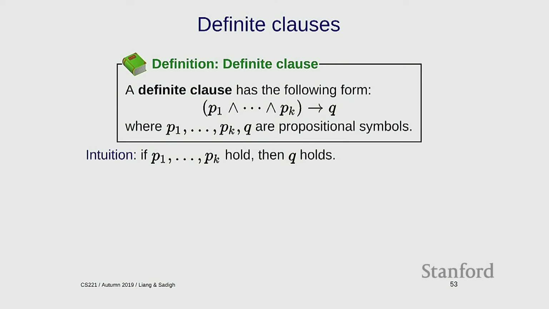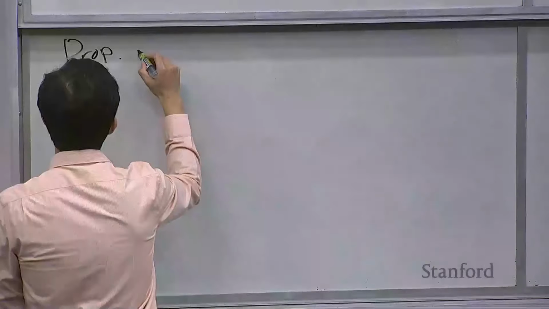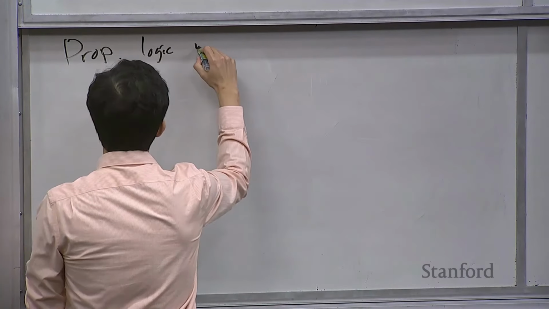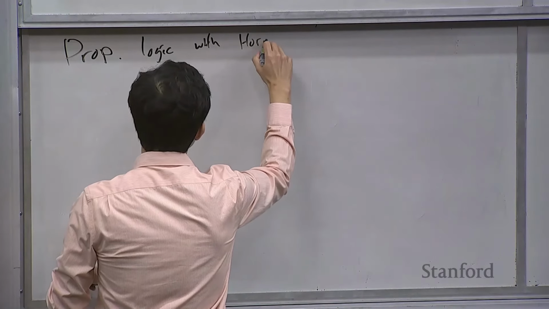Okay, a few more definitions. We're going to define propositional logic with Horn clauses.